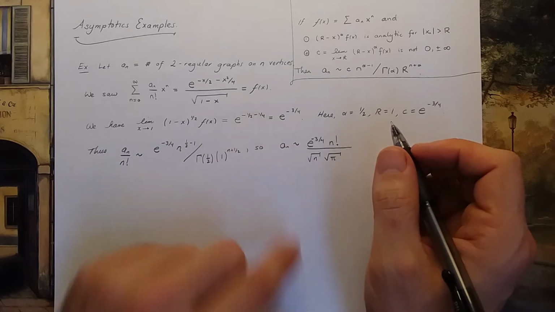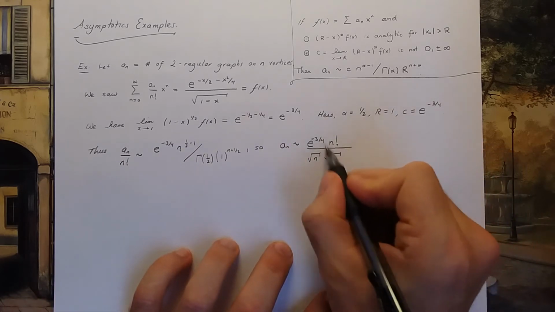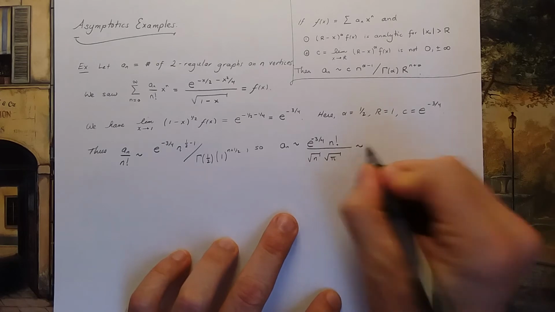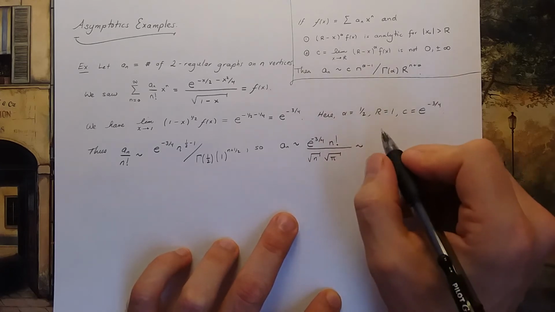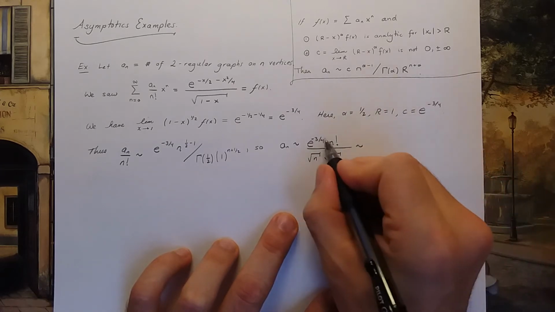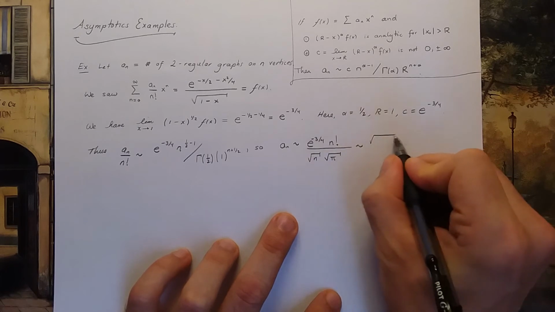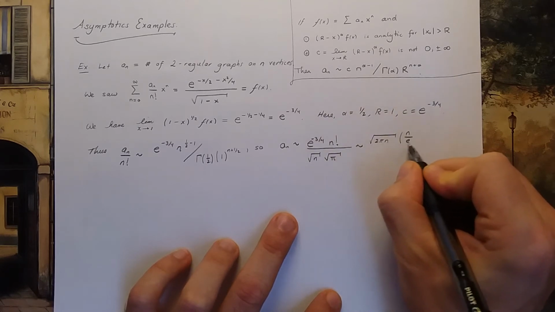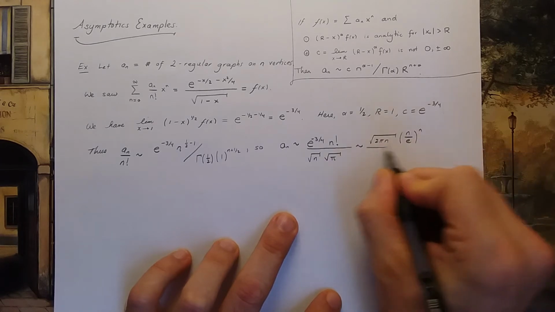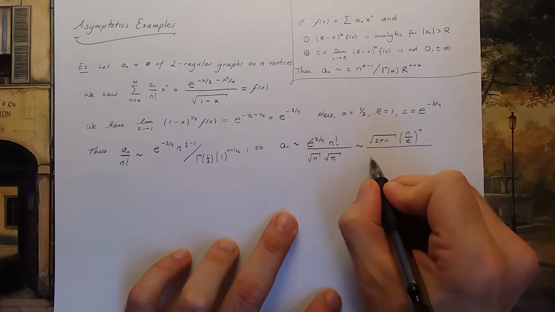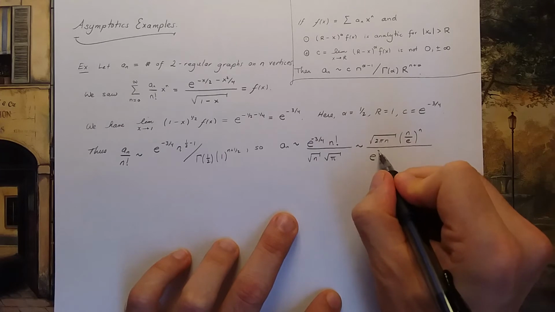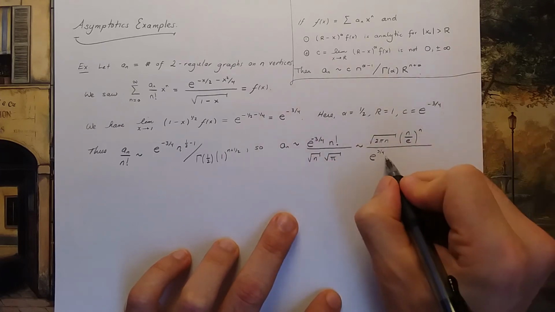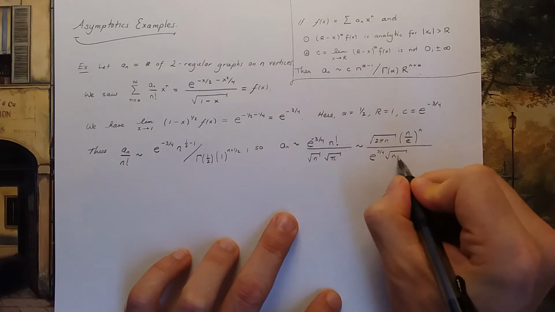I can go one step further, however, because I have an n factorial, and I can use Stirling's approximation. So this would be the square root of 2 pi n, times (n over e) to the n power. All that's divided by, let me put the e to the 3/4 on bottom since there's a negative exponent, and I have a square root of n pi.